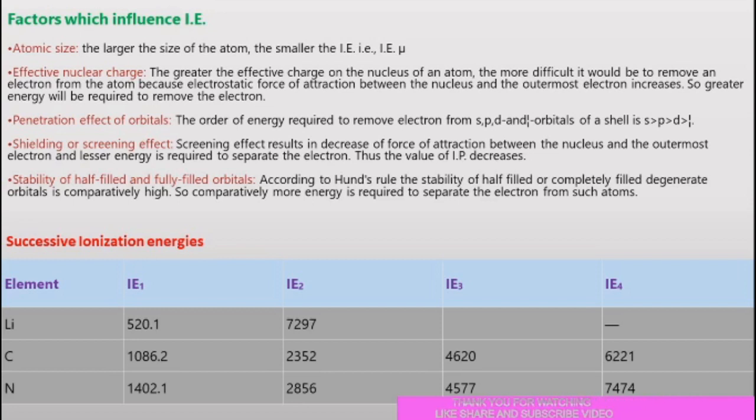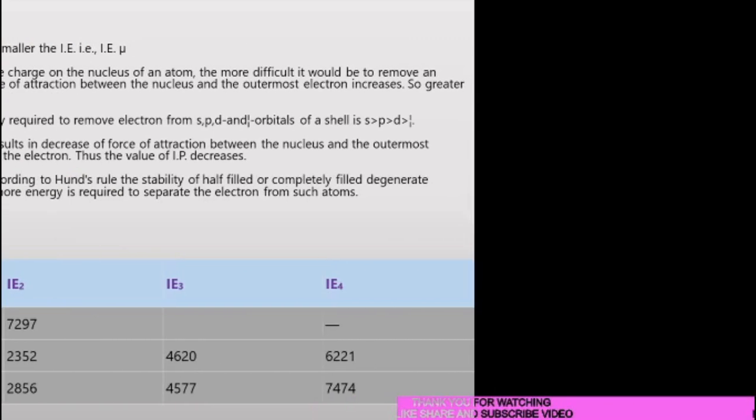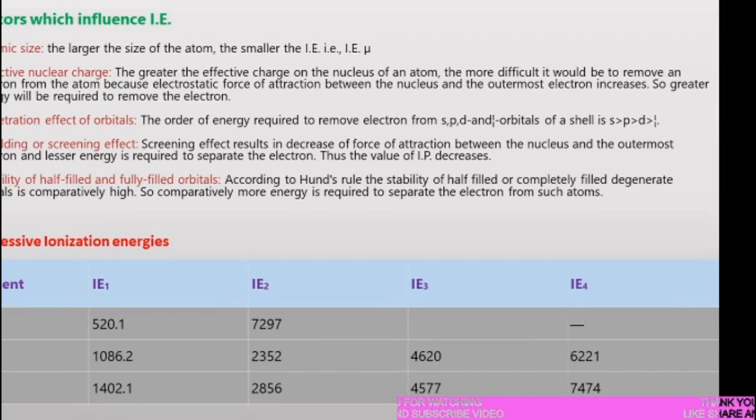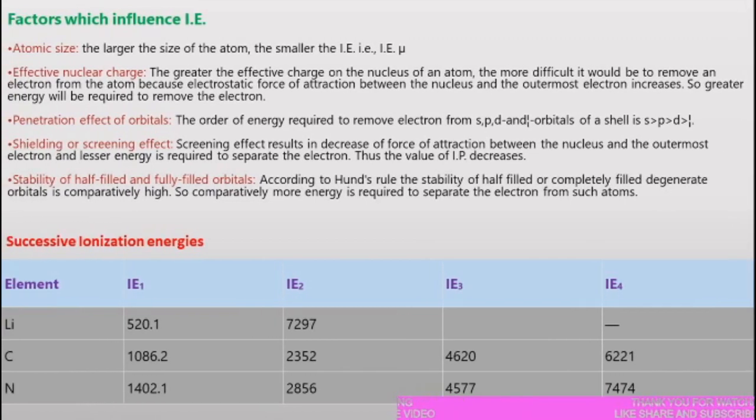According to Hund's rule, half-filled and completely filled orbitals are more stable, so comparatively more energy is required to separate the electron from such atoms.